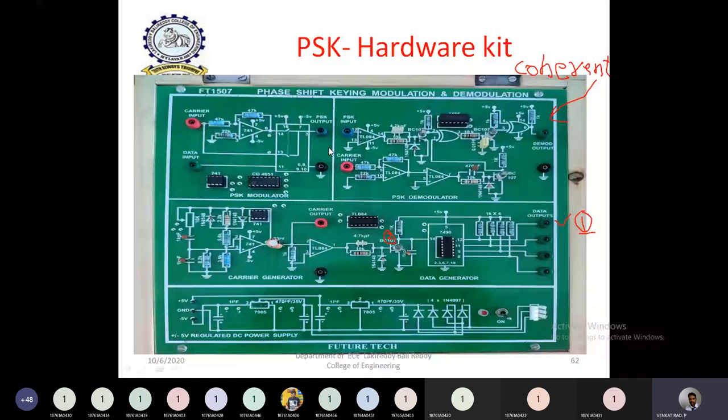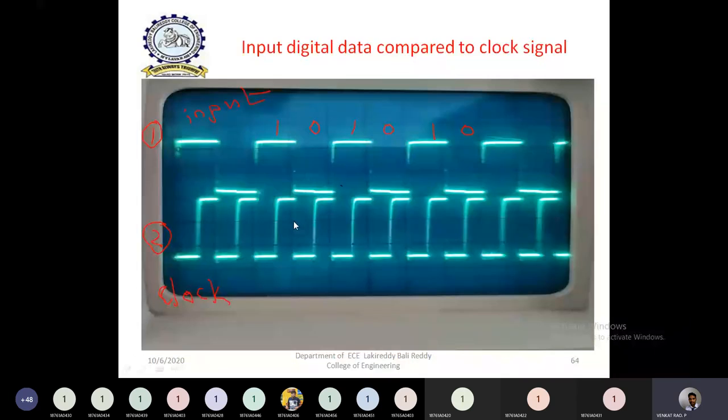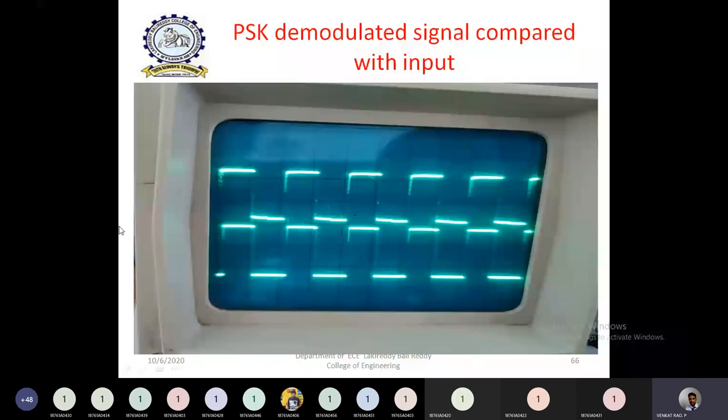Whether this demodulated bit sequence is the same as the input or not, you need to verify. That is the procedure and the observations you need to make while doing phase shift keying modulation and demodulation.